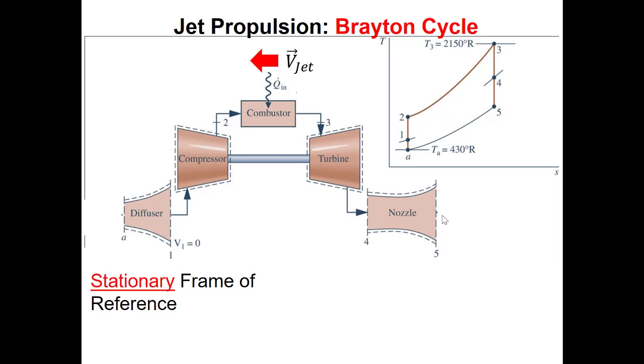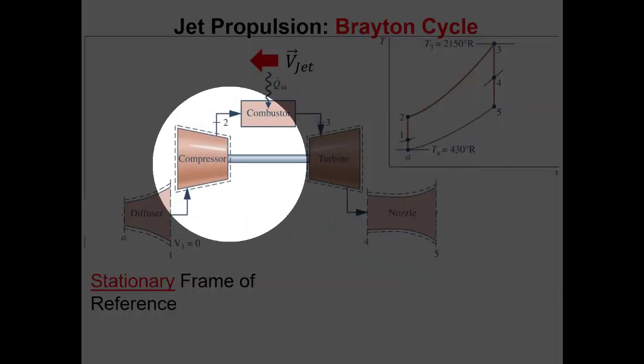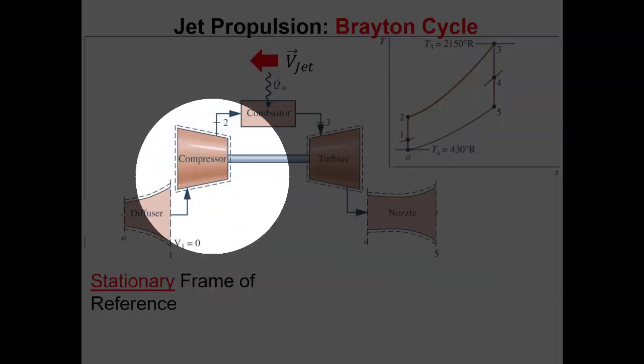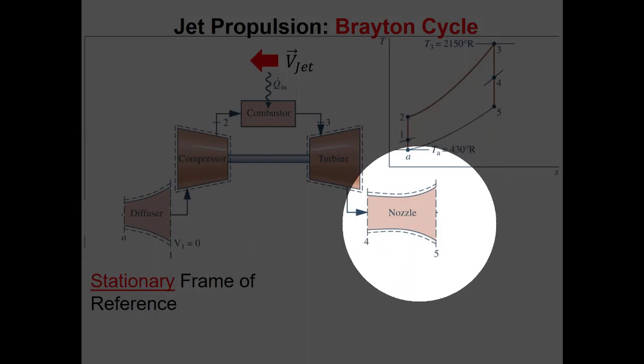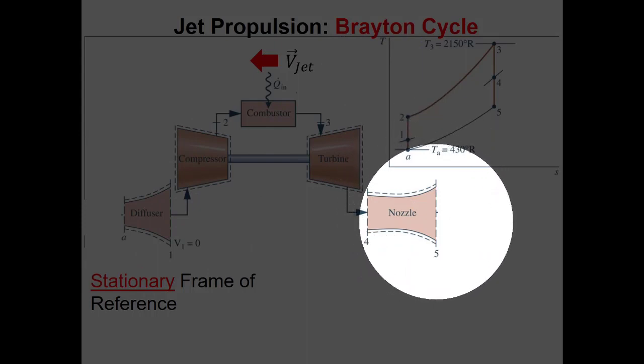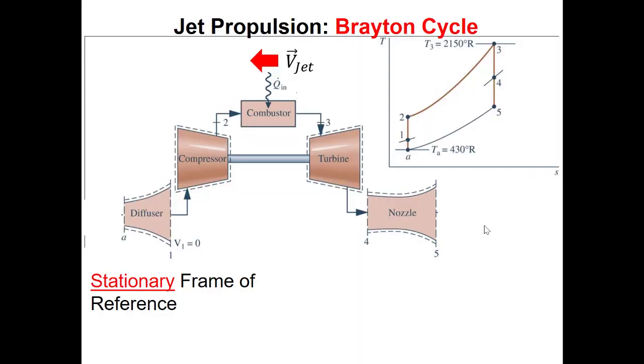Kinetic energy is important anytime we're not in the Brayton cycle part of the turbojet. It's important in the diffuser, particularly on the port of the diffuser that doesn't touch the Brayton cycle. So kinetic energy is going to be important coming in, and in the nozzle at the port that's not touching the Brayton cycle. So the kinetic energy here is going to be important at the outlet of the nozzle.